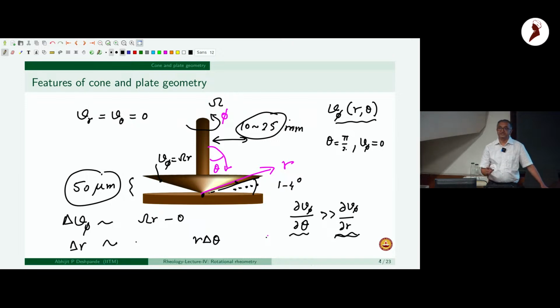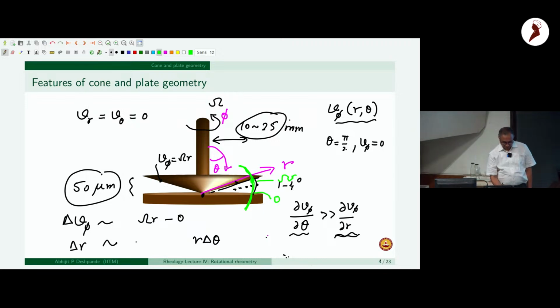One other feature that we can see is, if you look at, let's say, one particular value of r, right? So let's say I just draw this one particular value of r, all the points which are located. What you can see is velocity at one particular theta is omega r, and at another theta it's 0. Right, so there is a distance over which velocity goes from omega r to 0.